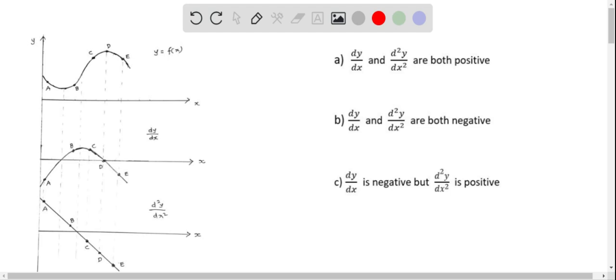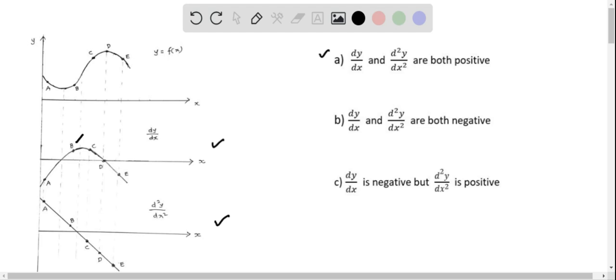Now let's answer the first question, that is part A. We have to identify the points where the first and second derivative are both positive. So consider only the graph of these two, the first derivative and the second derivative. We have to ensure that both are positive. So let's first identify the points in which the first derivative is positive.